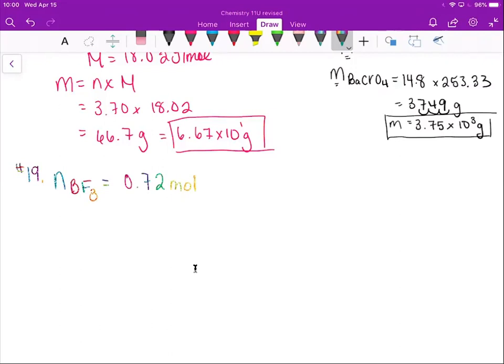We can change it to number of moles of fluoride, or we can find out how many molecules first. And I think the way that I taught it to you guys before is, let's do number of boron trifluoride molecules. But since it's multiplication with multiplication, it doesn't really matter. So again, per 1 mole.